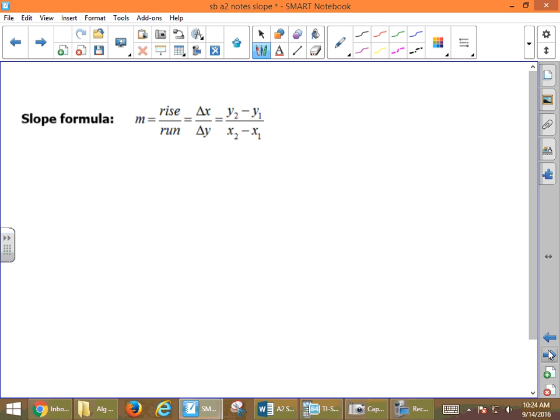And it simply means the change in y over the change in x, which has been described to you before. Sorry, we have a typo here. I just now remembered that this is really delta y over delta x. I'll try to write that a little bit better. Delta y divided by delta x.